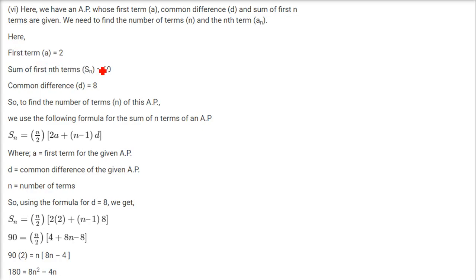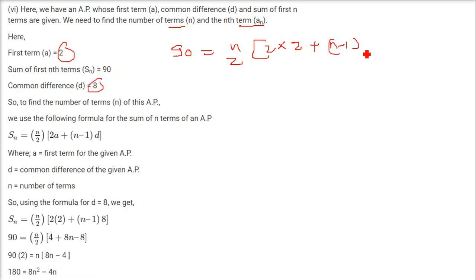Here we have the first term as 2, the sum of n terms is 90 and the common difference is 8. So a is known, Sn is known, and the common difference is known. We have to find the number of terms and the nth term. So the sum is given, so let us write it as 90 equal to n by 2 times 2 into a, that is 2 into 2, plus n minus 1 into d.